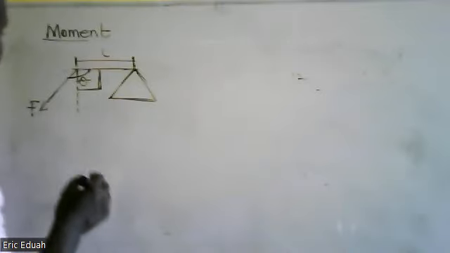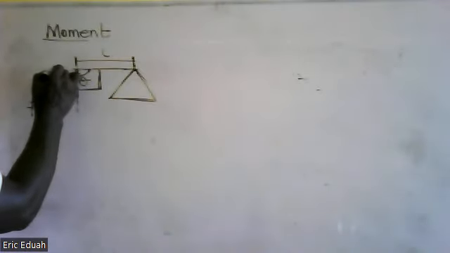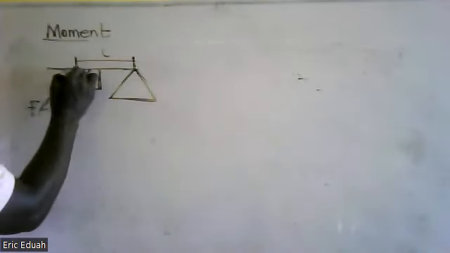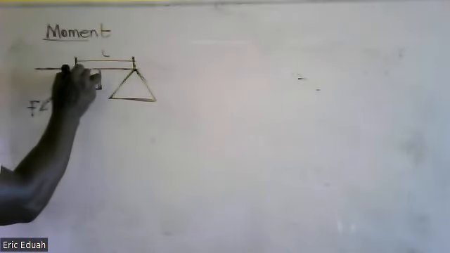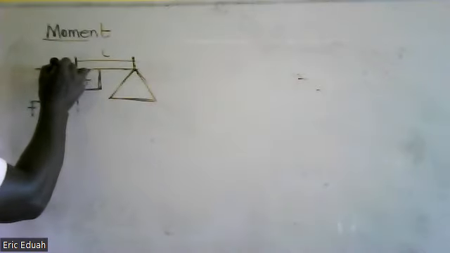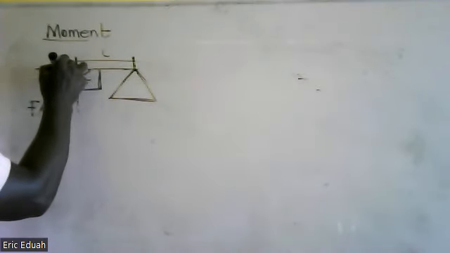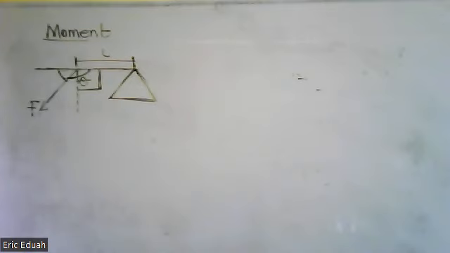So all that I do is, look, if we extend this line, this angle is theta. What will be this angle? If that angle is theta, what will be the other angle? 180 minus theta.